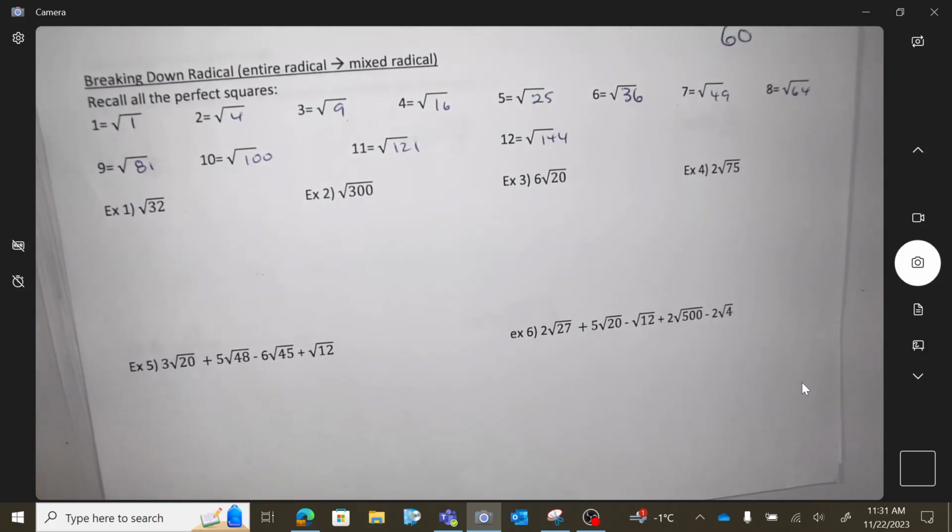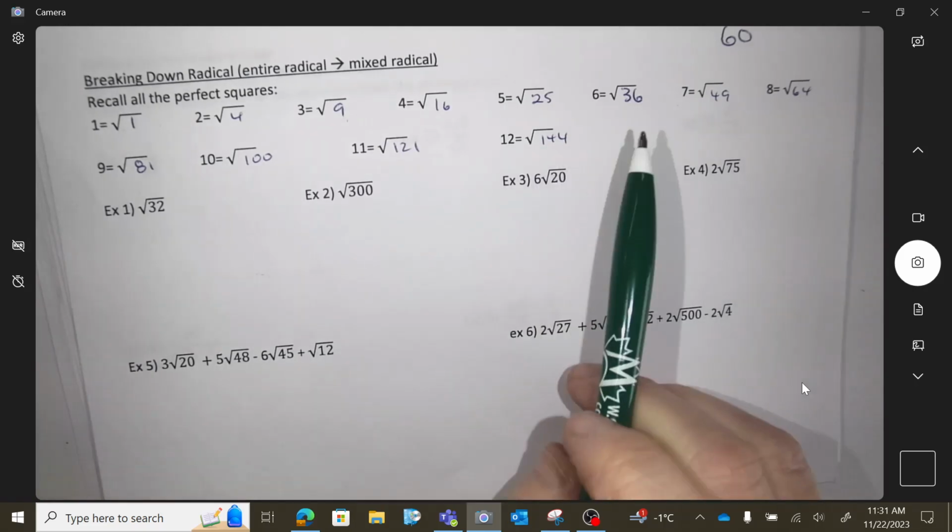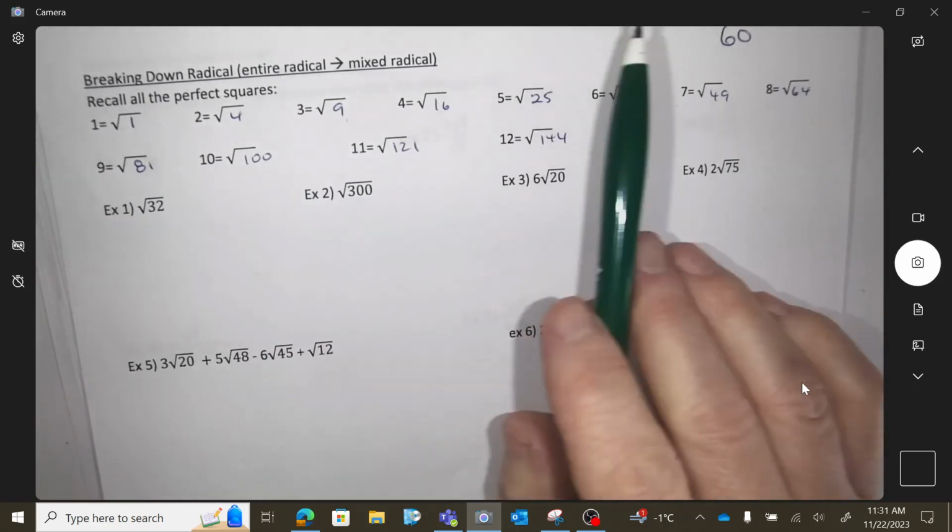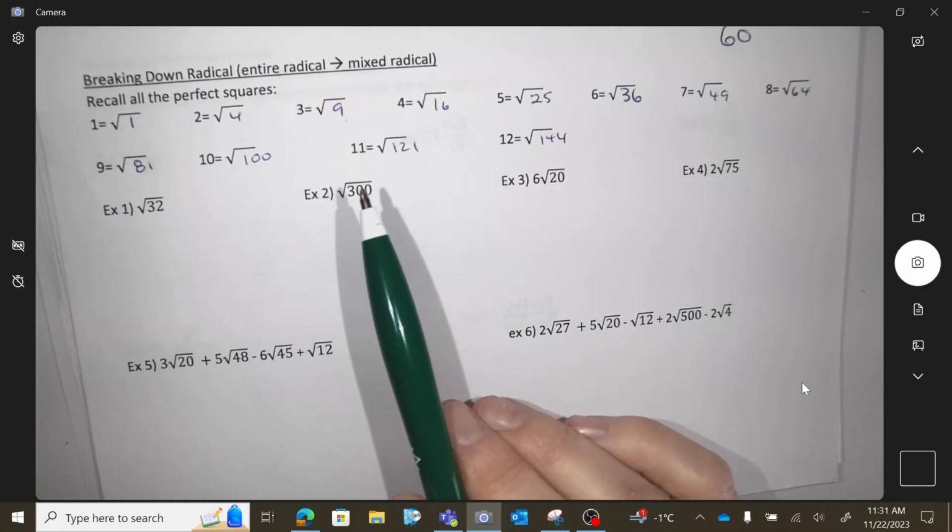Okay, so when you do breaking down radicals, you're going to need to think about those numbers. I'm going to call them perfect squarable numbers.